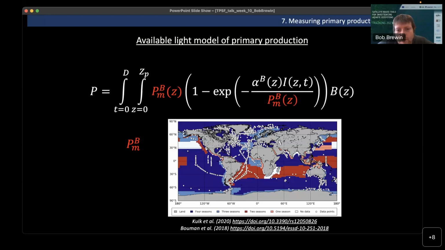So if we have data collected in that specific region, we can average that within the region and feed that into our satellite primary production models. Not only regionally, but also seasonally. So we can look within a given province at how the PB max varies over the course of a season and feed that into our satellite primary production estimates.